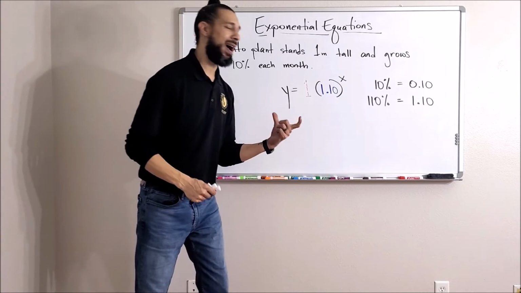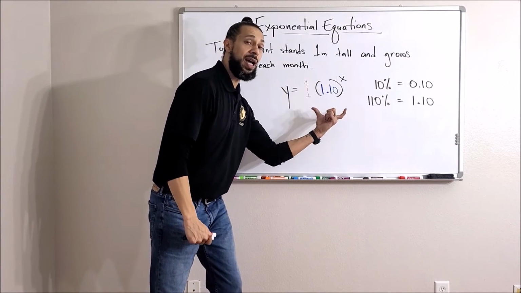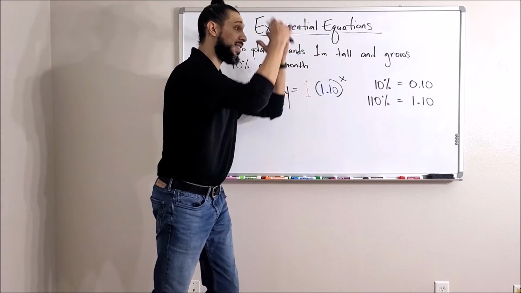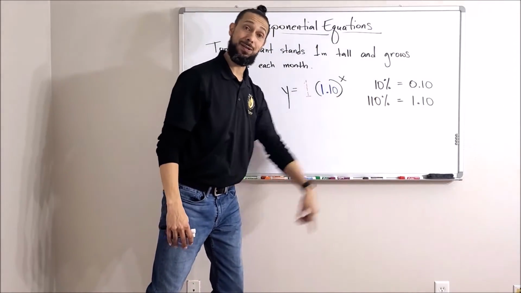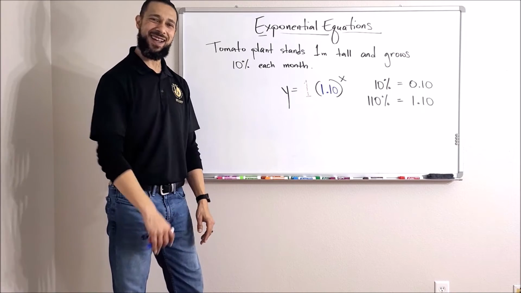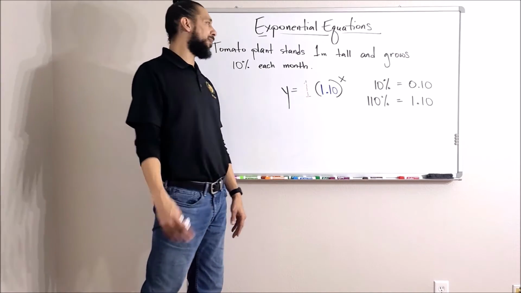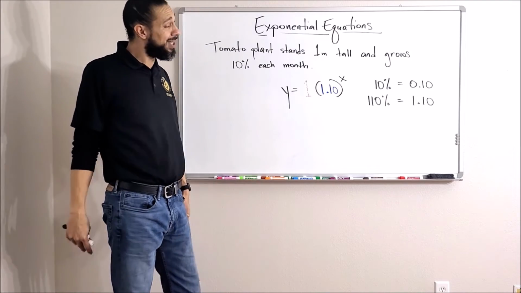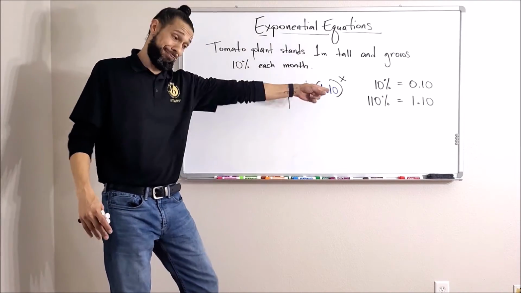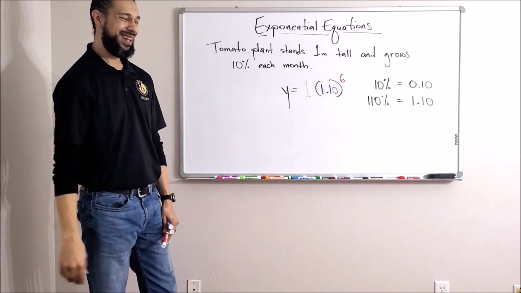When I multiply by 1.1, I'm in effect adding 10% to what I had before. So how tall will my plant be after, let's say, 6 months? What would I change up here? The exponent to 6.